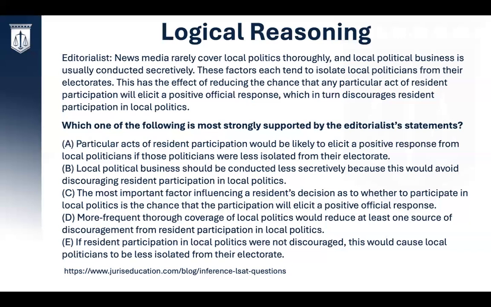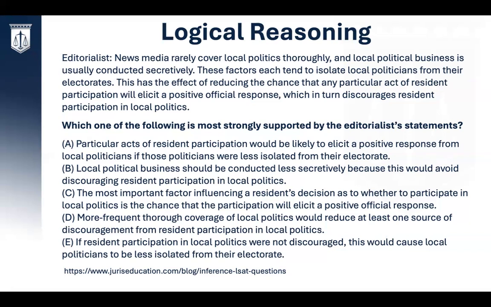C, the most important factor influencing a resident's decision as to whether to participate in local politics is the chance that the participation will elicit a positive official response. The author doesn't address that. They're saying that because essentially people are uninformed and the political business is conducted secretly, that discourages people from participating.